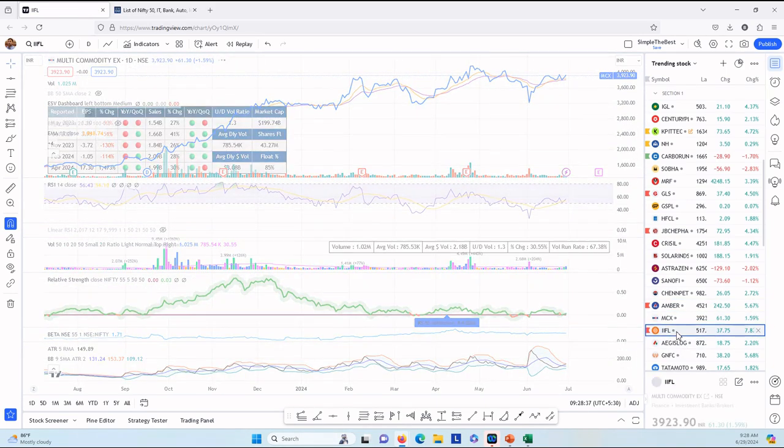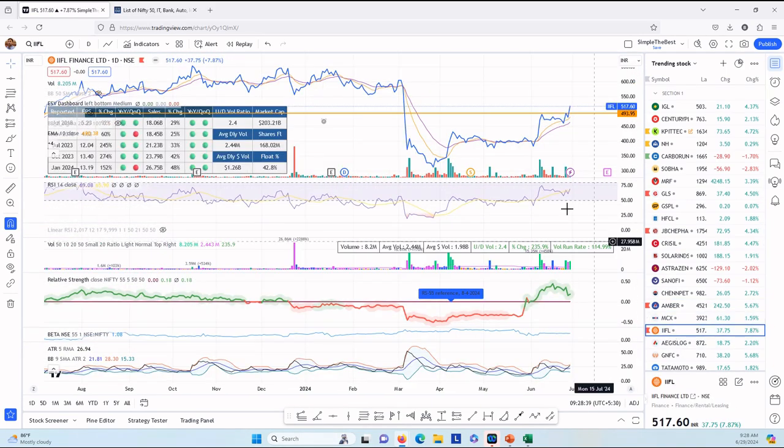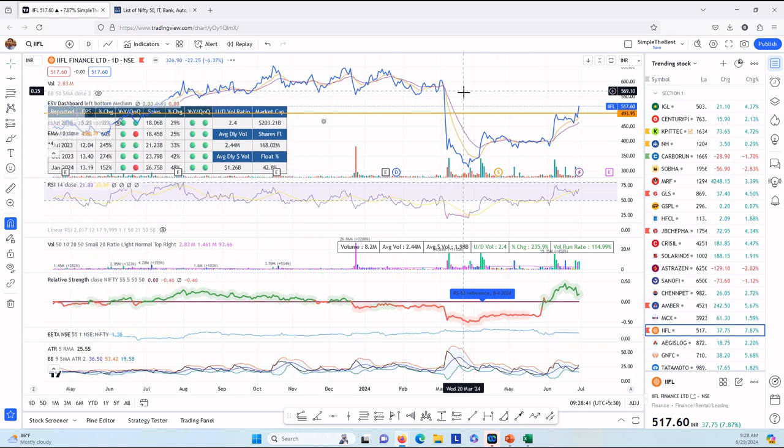Yeah, this stock, if I see, has given a breakout, and it's a jump. It's showing massive profit, but compared to that, it's still declining. October 2013, it was 2.74%.